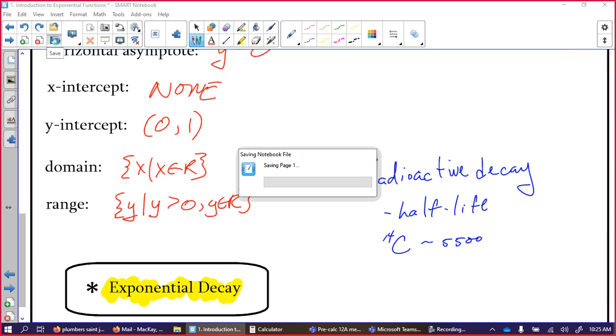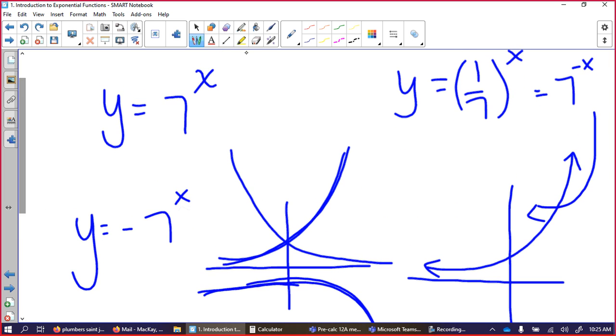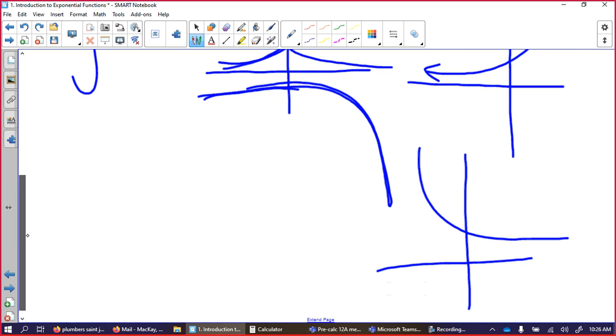So those are our basic things. This is just one of Mrs. Legier's things. Well, if you have 7 to the x, this one is 7 to the negative x, or 1 over 7 to the x. Growth and decay, very similar. We can reflect things.